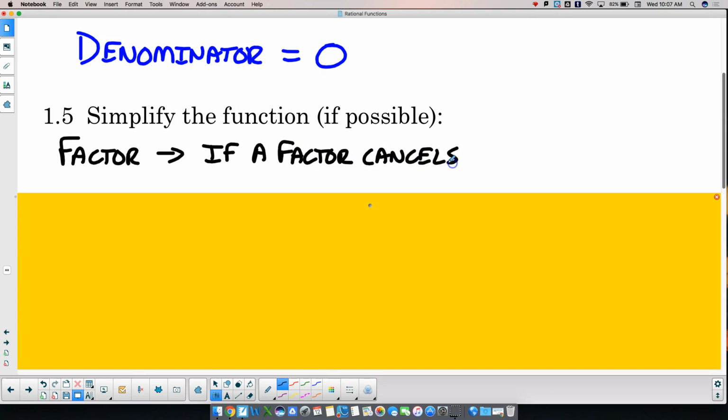And if a factor does truly cancel, what light bulb goes off in our brain? That there's a hole, and I have to do step number 5. So if we cross something out, that means there's a hole later on in the problem. Okay. Step 2.